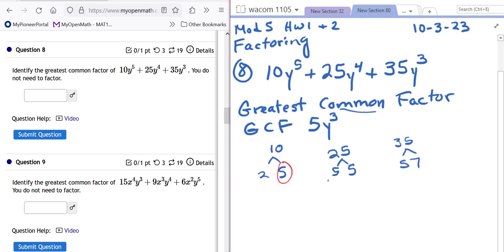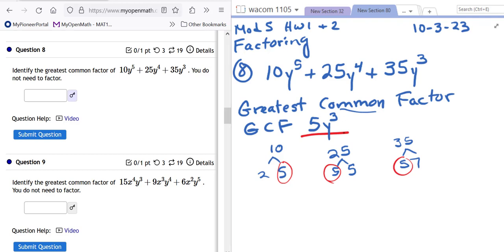And so there is your 5 that's in each one. I can't use a 2 because there's no 2's over here. I can't use a 7 because there's no 7's over here. So it has to be in all the pieces. And then that is also why you have to only choose 3 y's. This one has 5, this one has 4, this one has 3, but 3 will be common. So our GCF should be 5y cubed. Good.